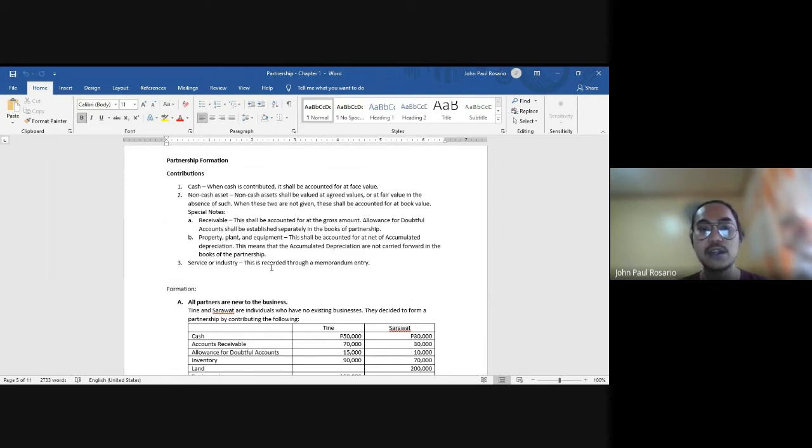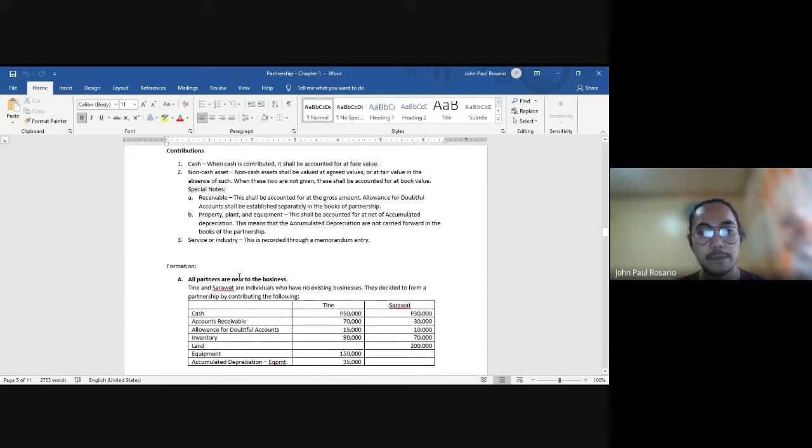We have cash, non-cash asset, and service or industry. If you go back to the definition of partnership, they contribute either money, property, or industry. Money is cash; property is your non-cash assets; and industry or service involves the skills or the knowledge of a partner that is willing to contribute to the partnership.